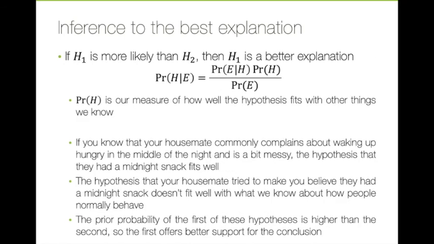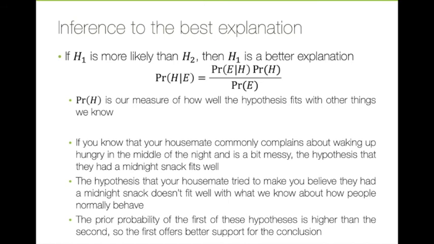We also said that if hypothesis 1 is more likely than hypothesis 2, then hypothesis 1 is a better explanation. So a hypothesis is more likely the higher the probability of H is, and the probability of H is our measure of how well the hypothesis fits with other things we know.